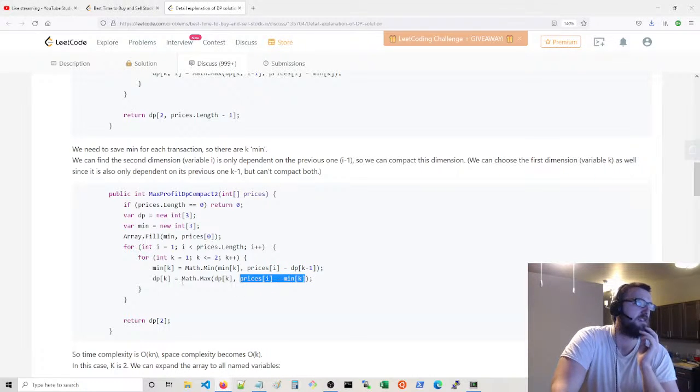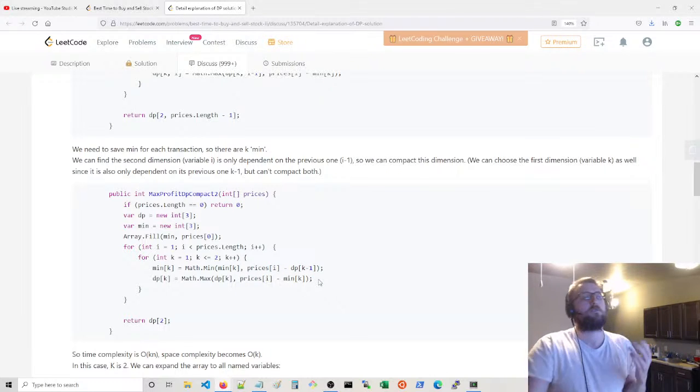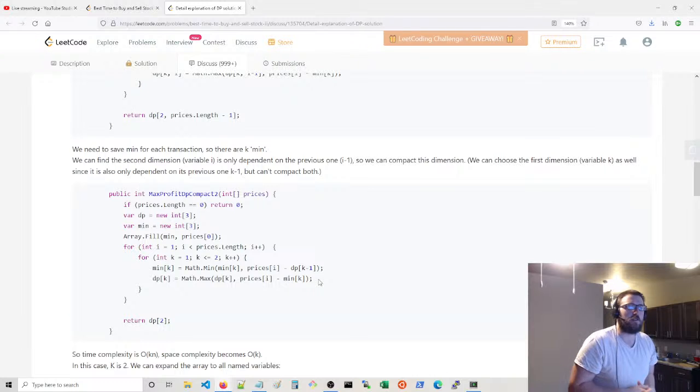What are the conditions? If the price went down, the min went down, and then the dp probably stays where it is because this really doesn't change much. So I don't actually know. How do you ever change dp2?